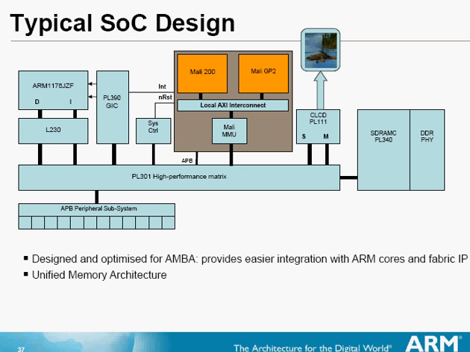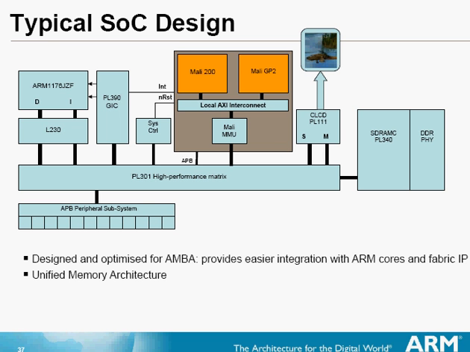AMBA is a bus protocol. The GPU is designed for a unified memory architecture where a single memory subsystem is shared between the main processor, meaning ARM1176 in this case, and the GPU.